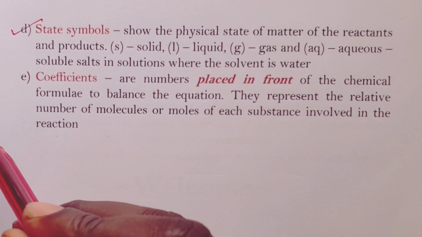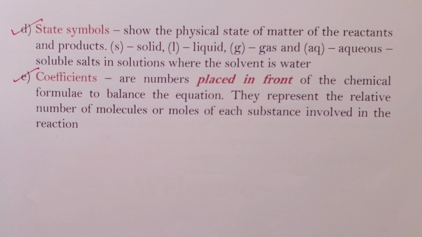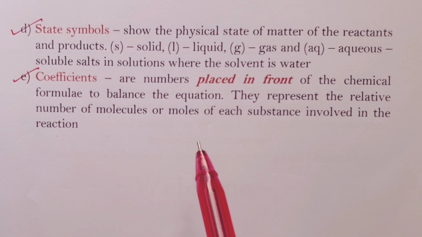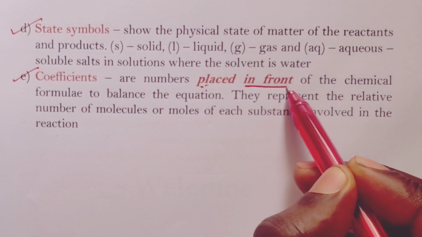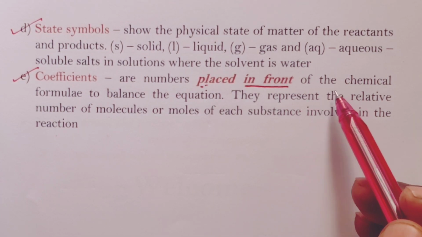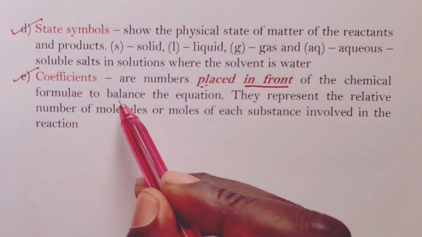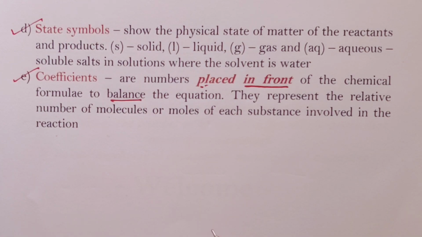We finally have coefficients as the last component of a chemical equation. So what are coefficients? These are numbers that are placed, take note, in front of the chemical formula to balance the equation.